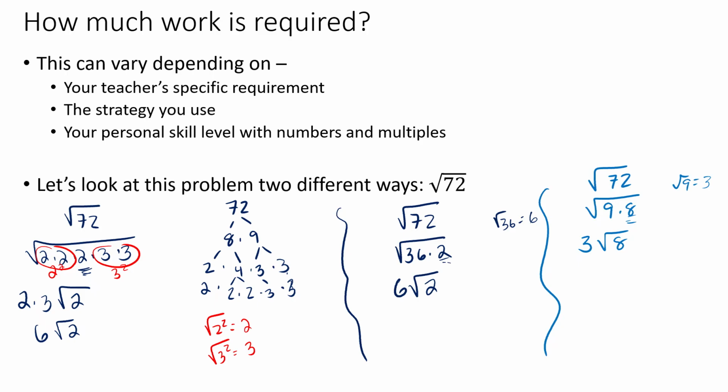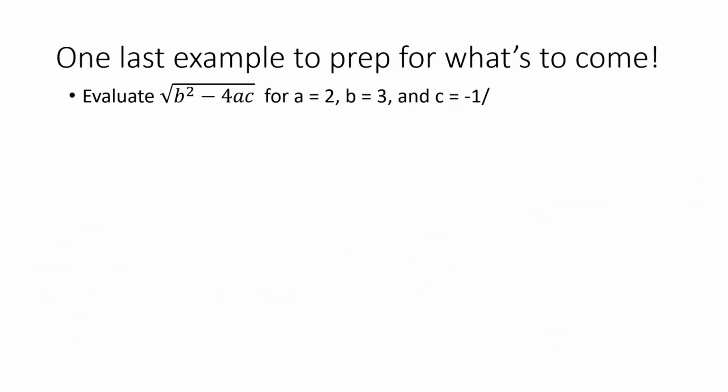This one has an 8 and we know we can get a 2. So in this case you would need to continue and say, okay, we have the square root of 4 times 2. The square root of 4 is 2. So now we have 2, and then that 2 still stays underneath, and you can eventually get there that way. So you do have some options, but whatever strategy you use, you want it to make sense, and you want to land at 6 root 2.